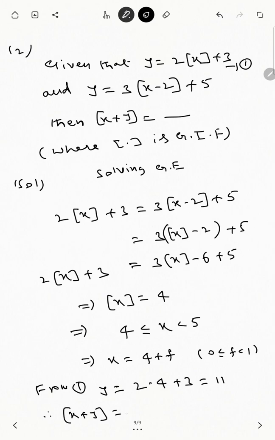What is x there? Just now we have got x is equal to 4 plus f, plus y is 11. We are getting 15 plus something, 15 point something. What is the integer part? 15. Is it clear?